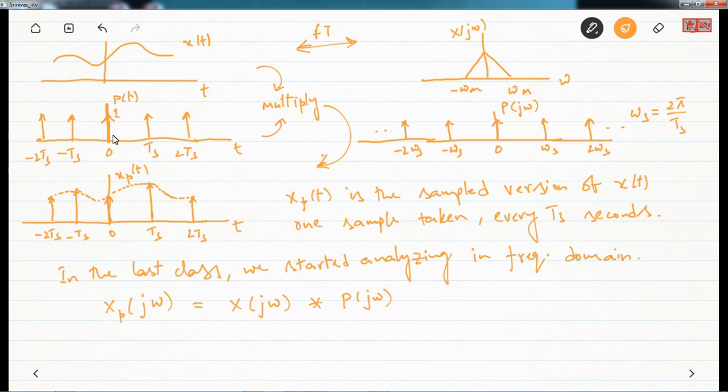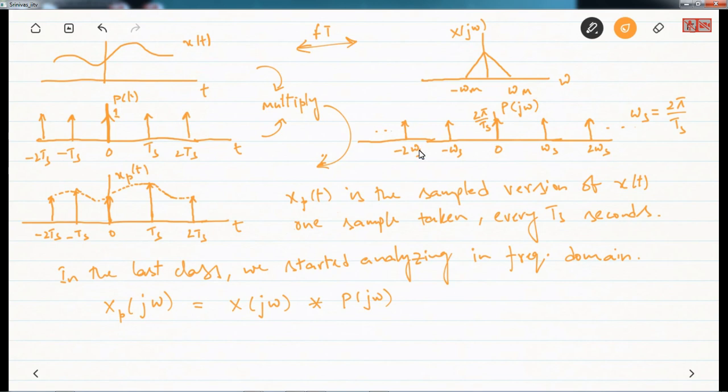P(t) is a periodic impulse train with period Ts, so P(jω), its Fourier transform, is also a periodic impulse train with period ωs, where ωs is equal to 2π by Ts, and its amplitude is 2π by Ts. Now we have to convolve these two signals.